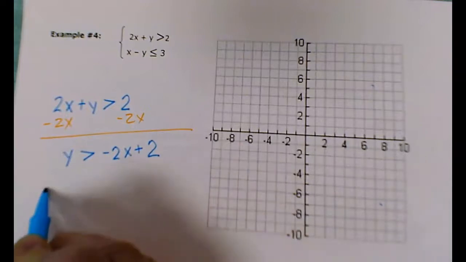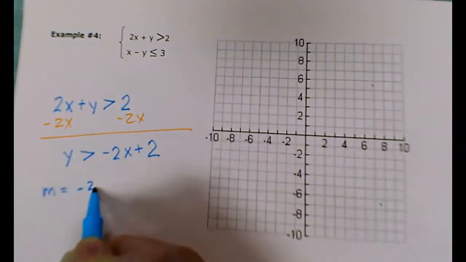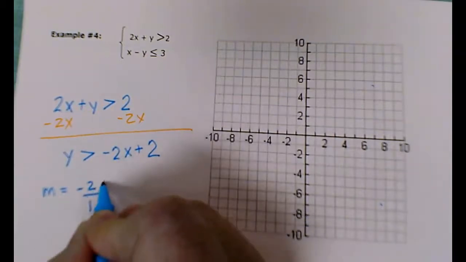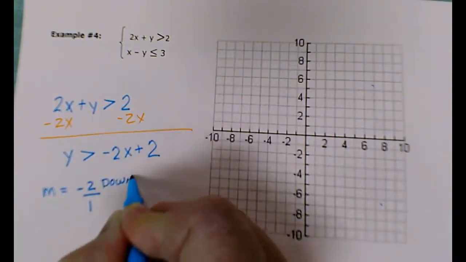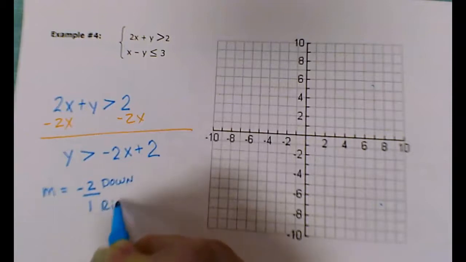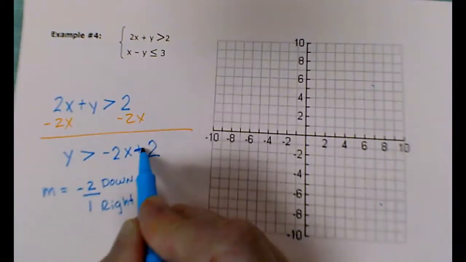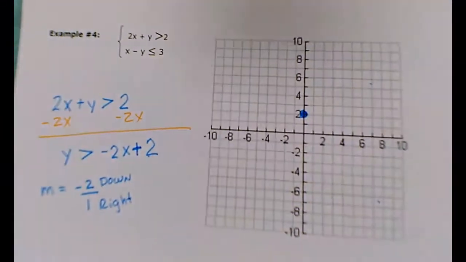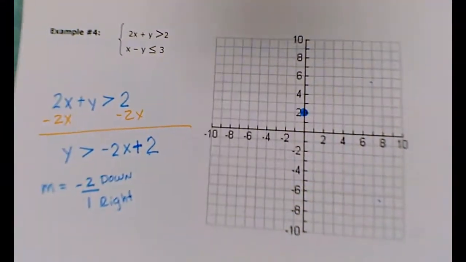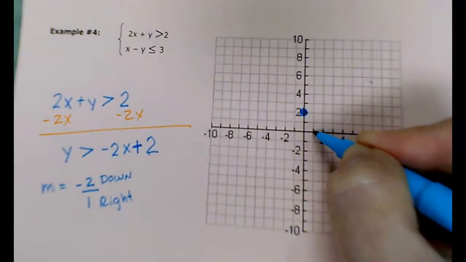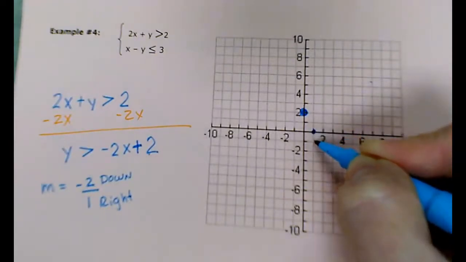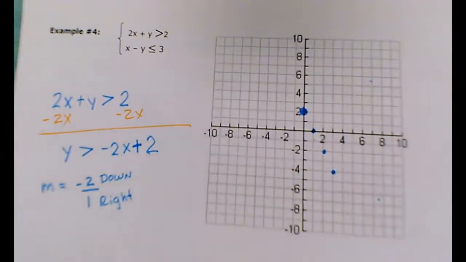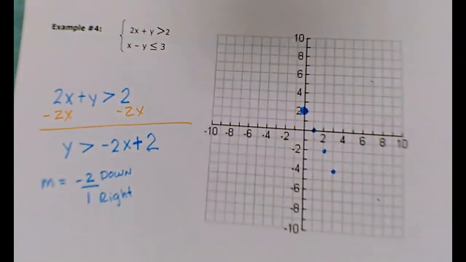So my slope here is -2. That's the same thing as -2/1. And so I will count down and right from +2 on the y-axis. When I connect my dots, I'm going to have a negative slope line.